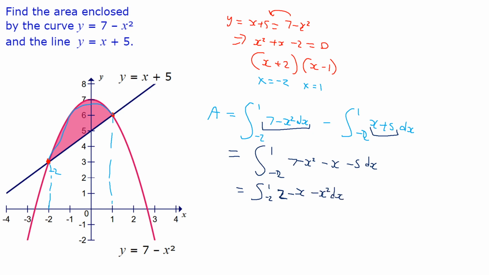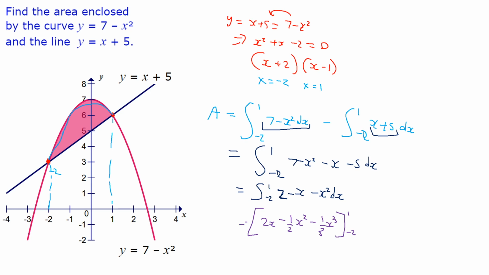So now let's integrate. If we integrate this, we get 2x minus a half x squared minus a third x cubed, and then we substitute 1 and minus 2.